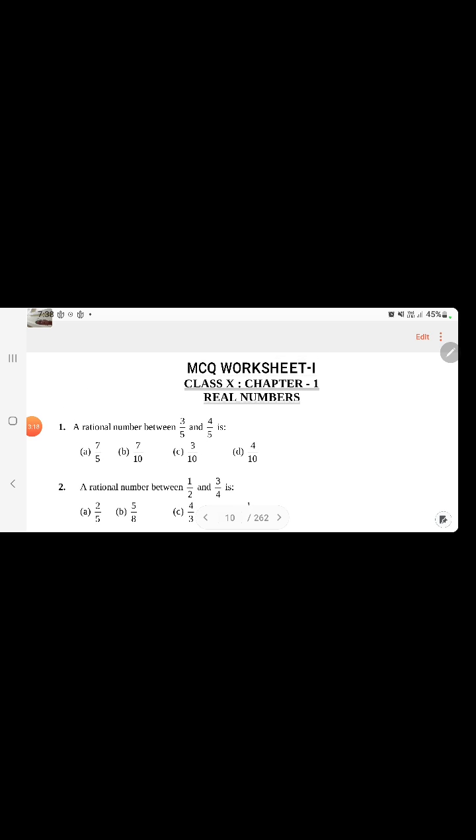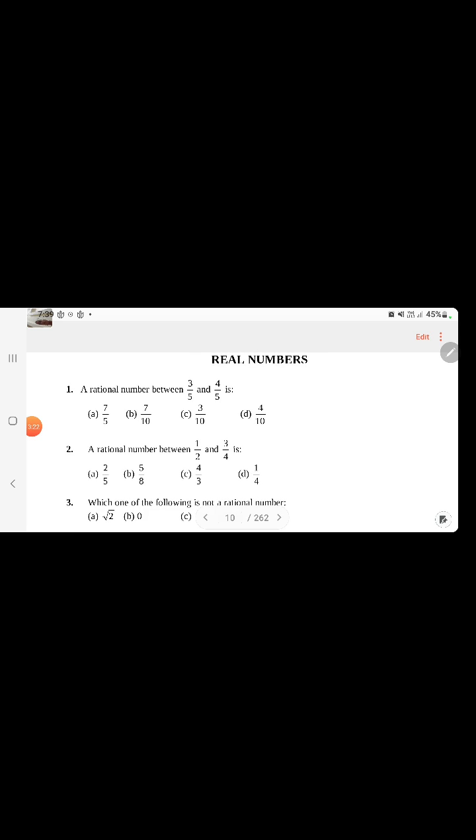Now let's do some MCQs in chapter 1. What is the first question? A rational number between 3 by 5 and 4 by 5 is. The options are: A 7 by 5, B 7 by 10, C 3 by 10 and D 4 by 10.